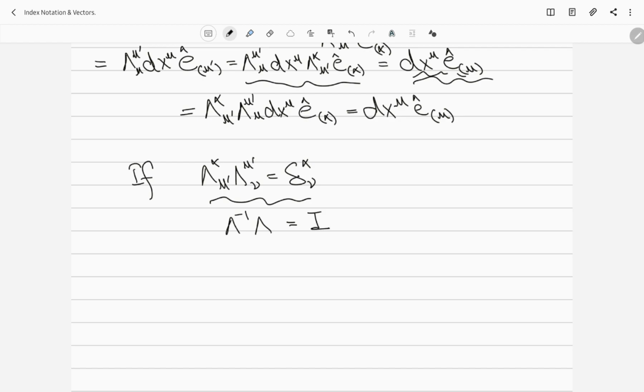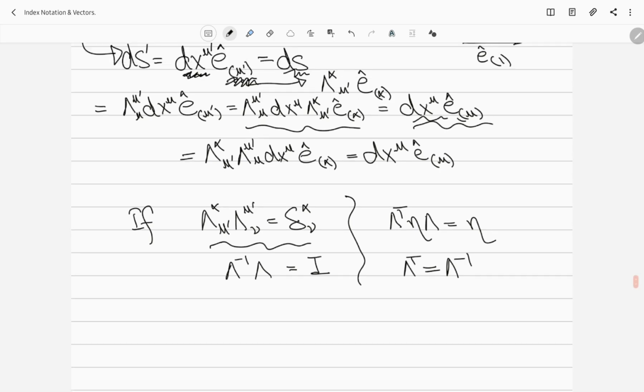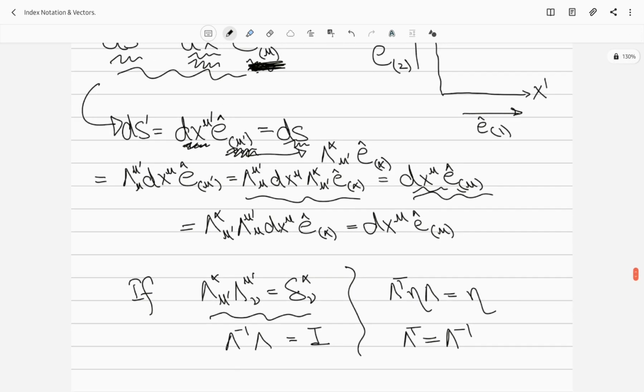So you have to remember that we had lambda transpose eta lambda equals eta. This was our condition that we talked about in the video on matrices. One thing this tells you is that lambda transpose is not equal to the inverse of lambda.